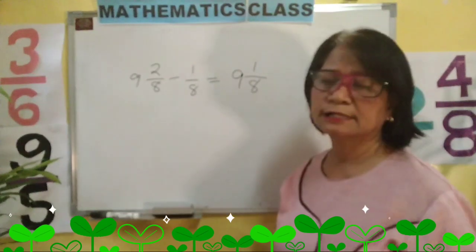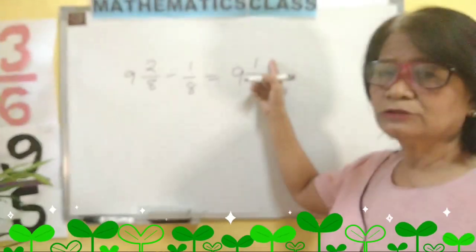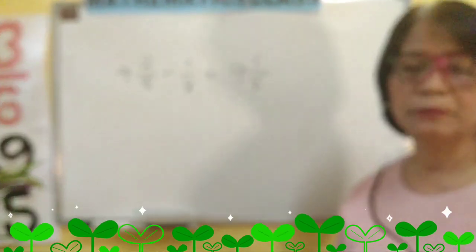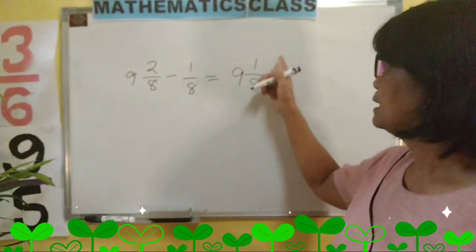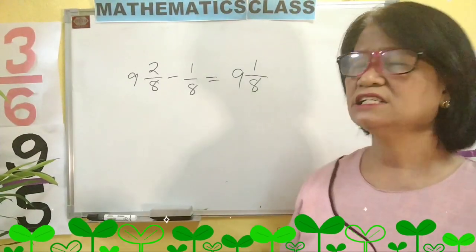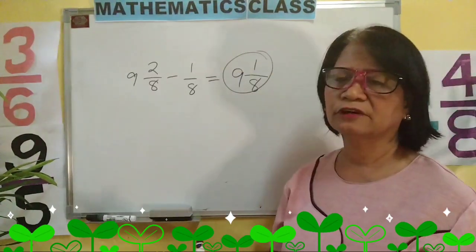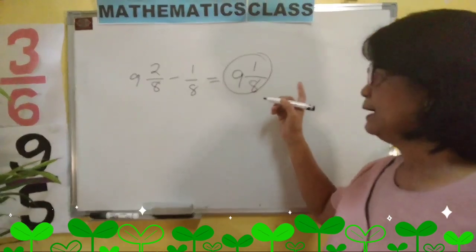So, your answer is 9 and 1/8. 1 is the numerator, which means we will no longer reduce to lowest term. Remember kids, when the numerator is 1, it is automatically already in lowest term. 9 and 1/8 is your possible answer for 9 and 2/8 minus 1/8.